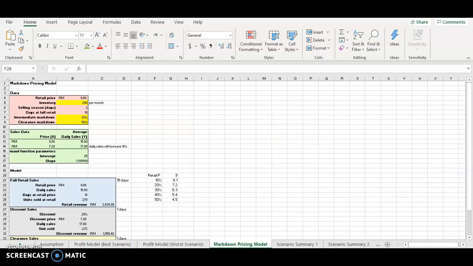Now I will be talking about the markdown pricing model, where in the data, I will just key in the data based on the assumption that have been done before.